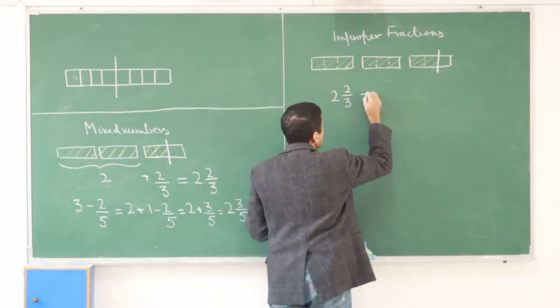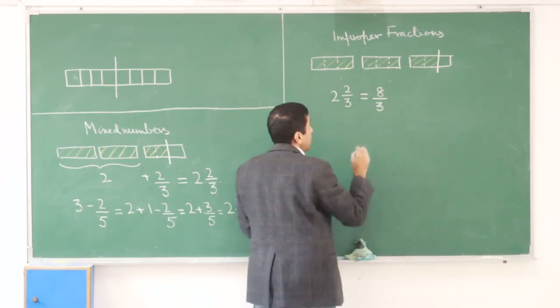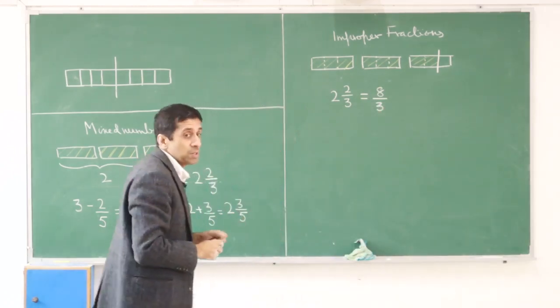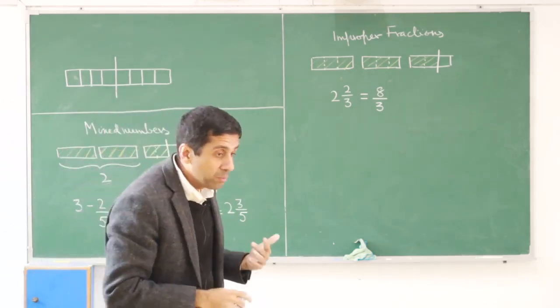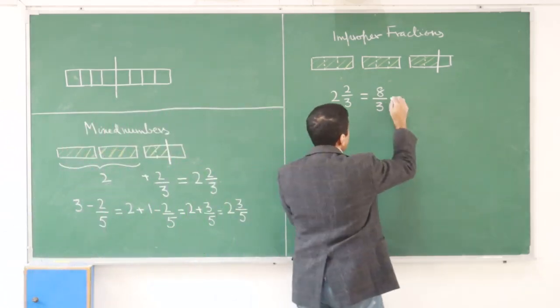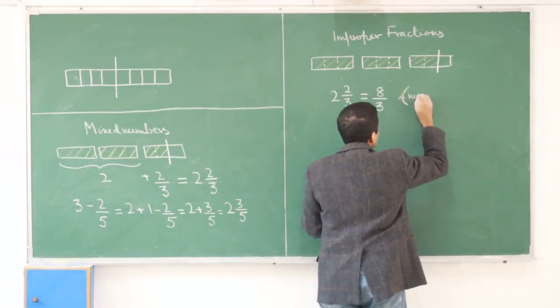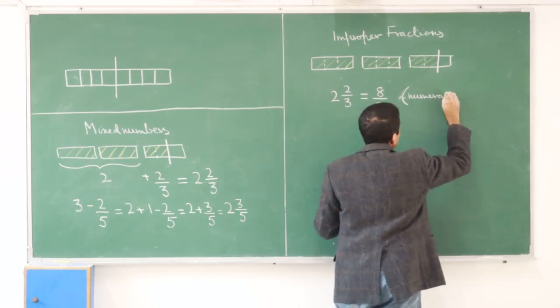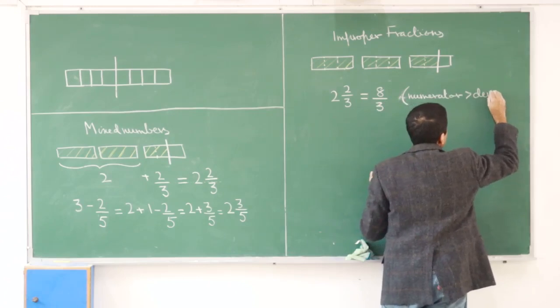So this I can rewrite as 8 over 3. What I mean by an improper fraction is when the numerator is larger than the denominator. This is a very good fraction, but the numerator is greater than the denominator.